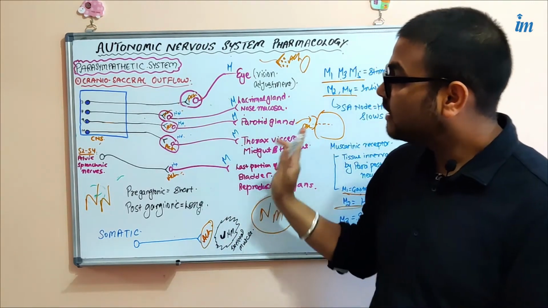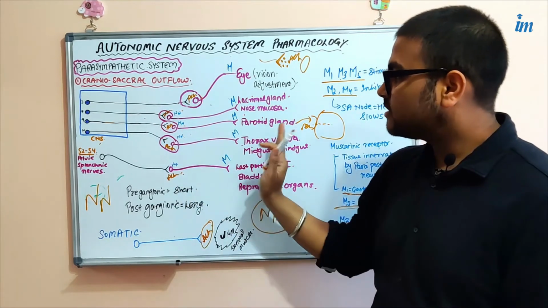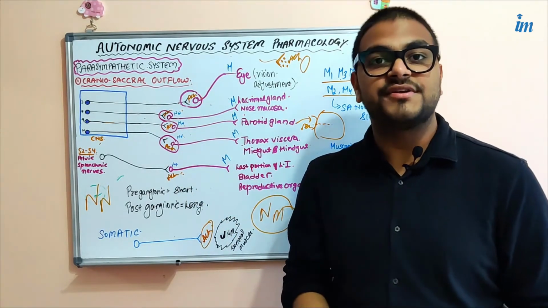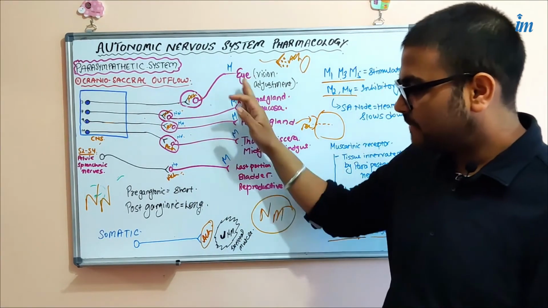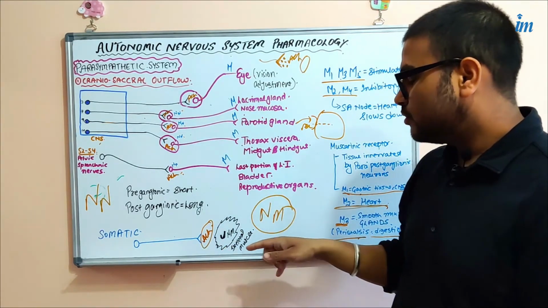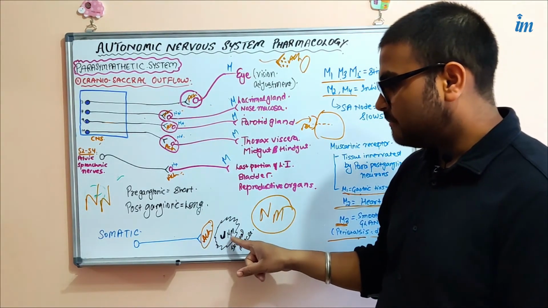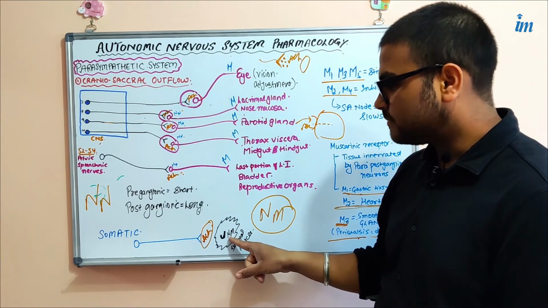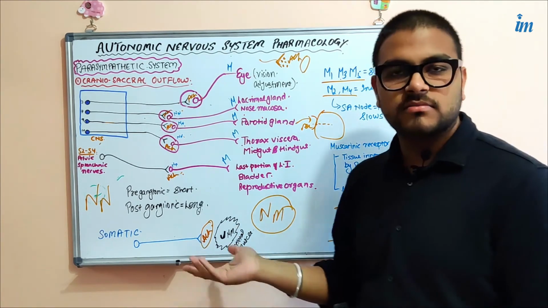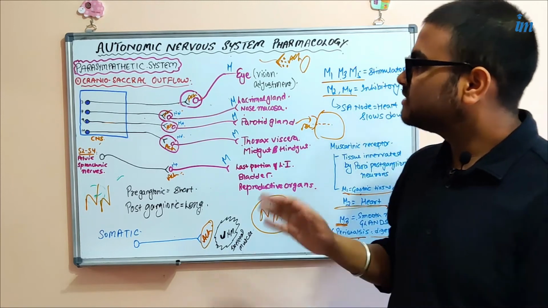I do not want this whole parasympathetic system to shut down, because that's not my purpose. My purpose is only to block this NM type of nicotinic receptor that is present on your skeletal muscles, and relax your muscles.